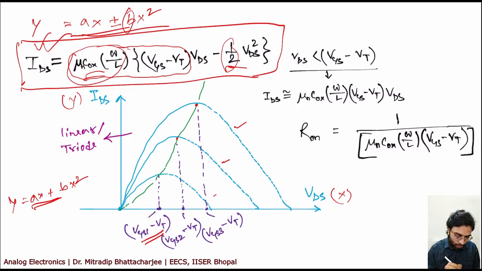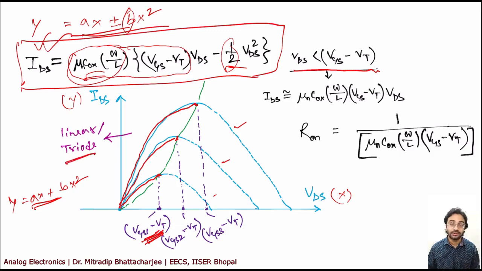So up to this peak, where VDS is less than VGS minus VT, this is the condition for linear region. This part is known as linear or triode region.